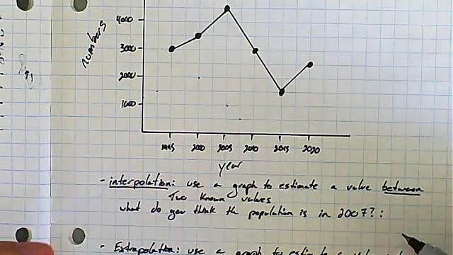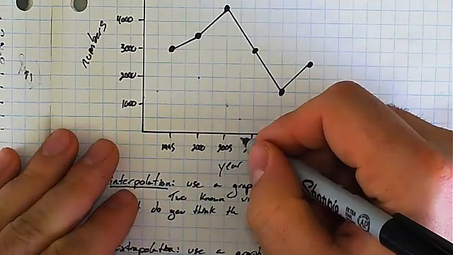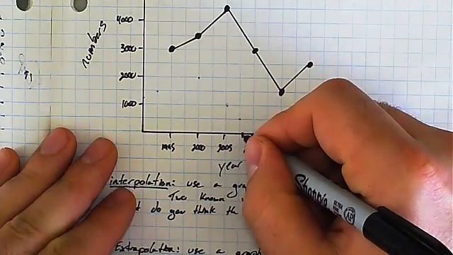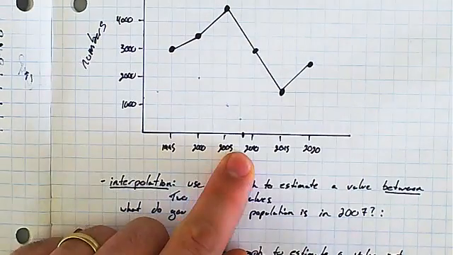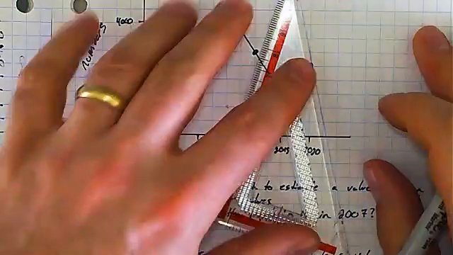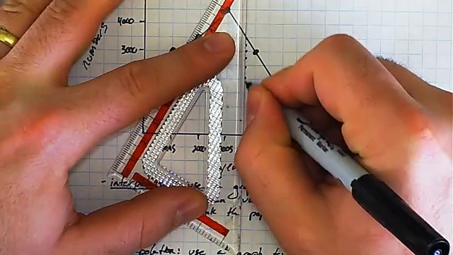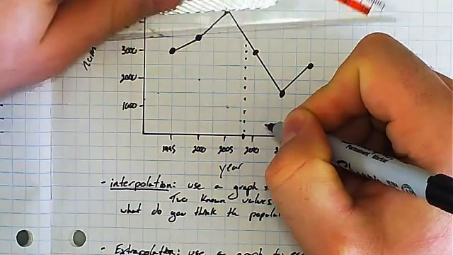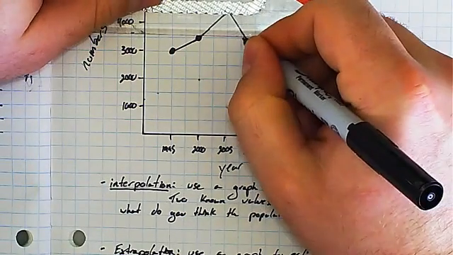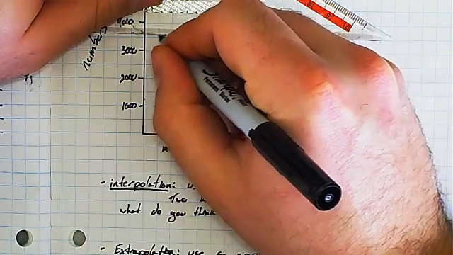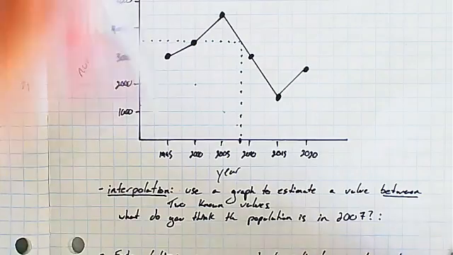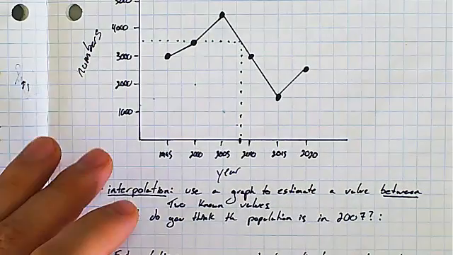So if you're asked to find what the population was in 2007, even though we didn't technically take that data, we know that 2007 is roughly there, and we could very easily take a ruler and probably have an estimate.